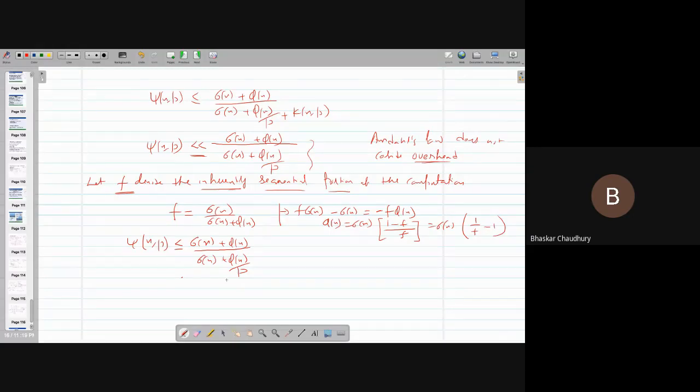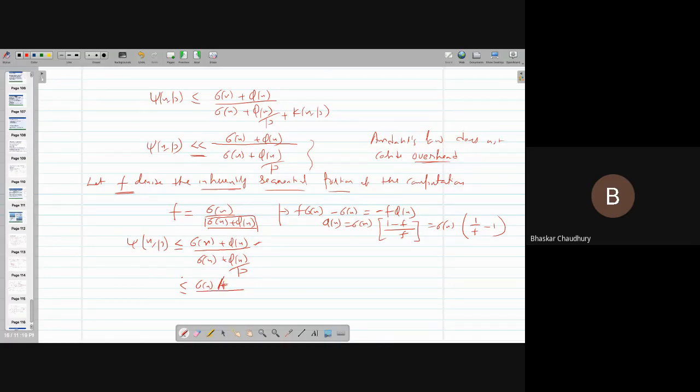Okay. So now I just want to get rid of this phi n so that I will get a better relationship. The numerator is sigma n plus phi n. You can see this part here. This is my sigma n plus phi n, so that is exactly what is sitting in here. So I can write it as sigma n divided by f.